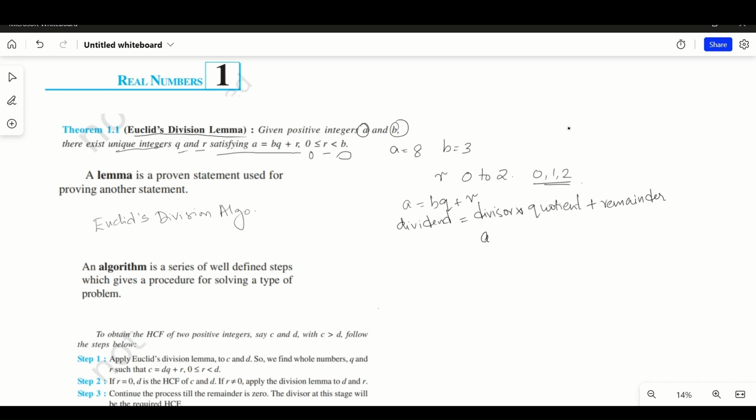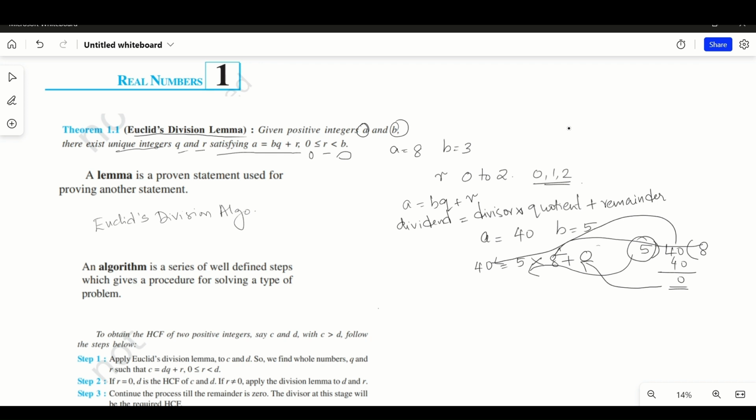For example, if a is equal to 40 and b is equal to 5, then 40 is equal to 5 into 8 plus 0. Here 40 divided by 5, 8 fives are 40 and 0. So 5 is the divisor, 8 is the quotient, 0 is the remainder and 40 is the dividend.